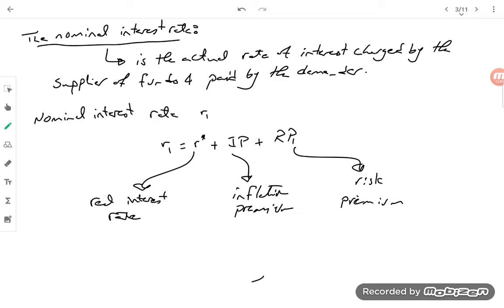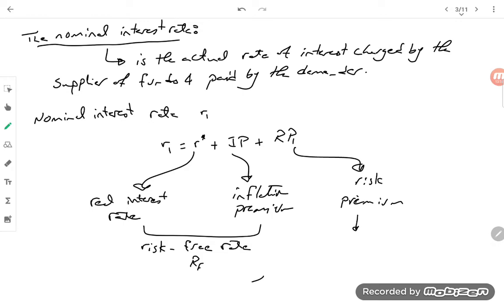Or we can write it as the summation of the real interest rate and the inflation premium, which is the risk-free rate. Risk-free rate, so this is the interest rate without risk, or RF, and risk premium.